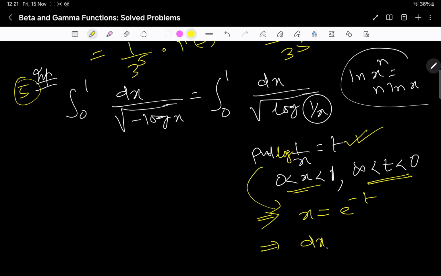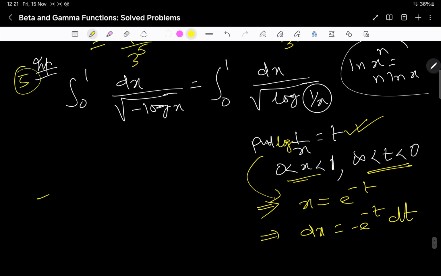So what is your dx? dx is minus e to the power minus t dt. So now what happens to this integral? This integral becomes minus of infinity to 0. Here dx is e to the power minus t dt. Already I have taken the minus sign here, and divided by root over of log x, which is root over of t, isn't it? This is minus infinity to 0.